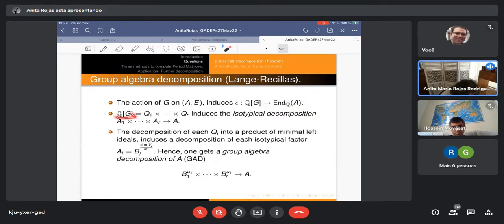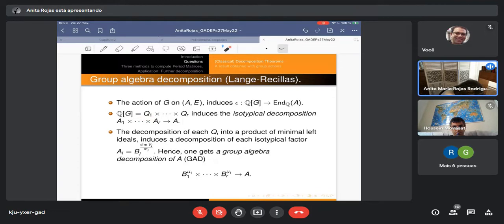First, you know that the semi-simple algebra decomposes into a product of simple algebras. Those algebras are generated by central idempotents in the group algebra. So you can take this decomposition through this morphism to a decomposition of the variety A. Once you have a variety with a group action, you can decompose it using the information about the group.